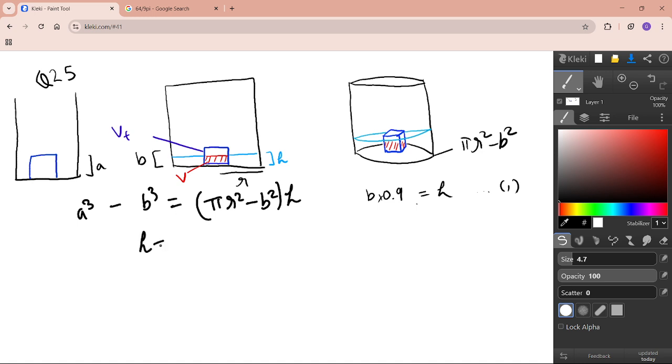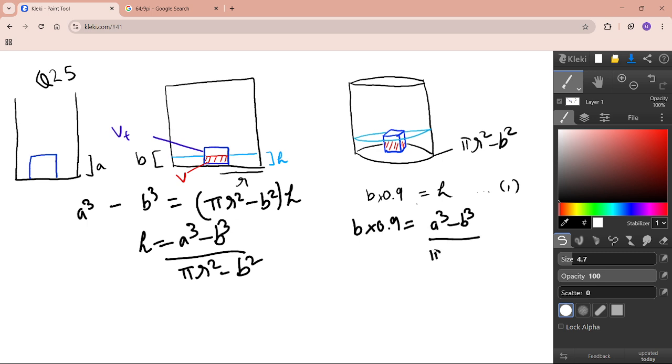And so they say h is equal to A cube minus B cube upon pi r square minus B square. Right? Now to get the answer, what they do is they put B into 0.9 is equal to A cube minus B cube upon pi r square minus B square.